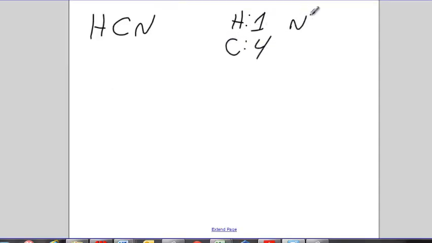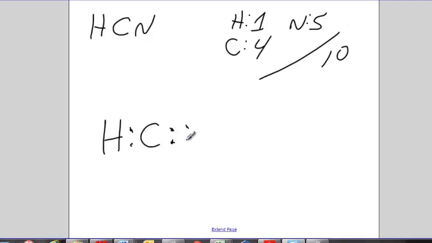Of course, a triple bond is something like HCN. H has 1, carbon has 4, nitrogen has 5, that adds up to 10, and it looks like this. That's a triple bond. Once again, though, my rules are being followed. Here's my carbon.